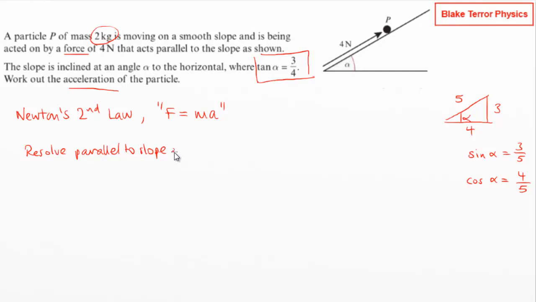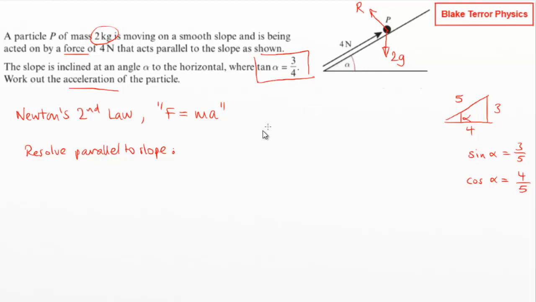And let's mark on our other forces. We've got weight coming downwards, so that's going to be 2g because it's a 2 kilogram mass, and then we've got our normal reaction force, which we just call R, but that isn't going to affect anything because it's not acting parallel to the plane.